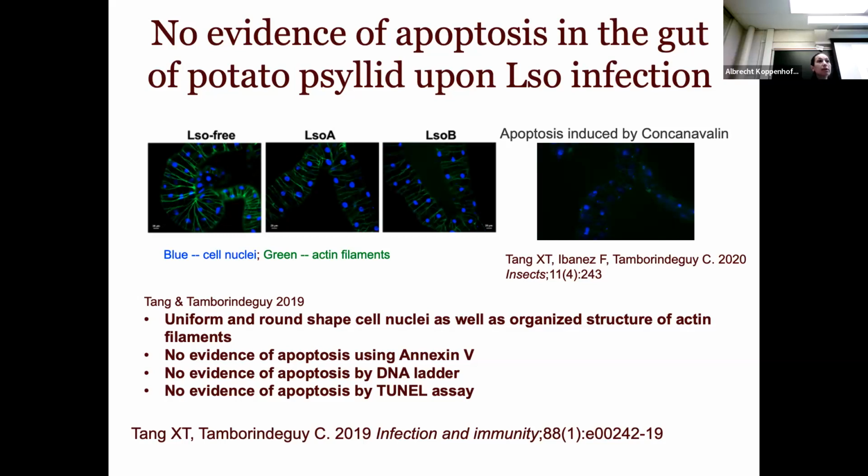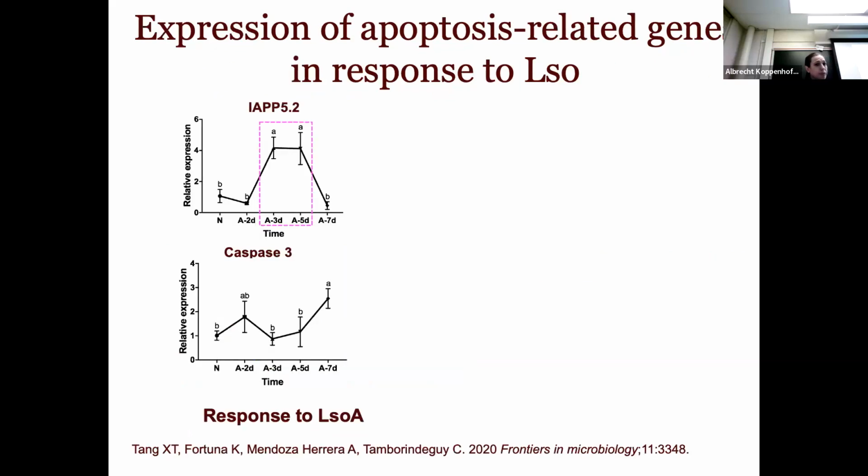So we decided to look at the gene expression in the gut, looking for the expression of genes involved in apoptosis. And what we found is that in response to LSOA infection, so this is before infection, 2 days, 3 days, 5 days, 7 days after infection, we see an induction, an upregulation of an inhibitor of apoptosis. This gene inhibits apoptosis. And at the same time, there is a downregulation of a caspase.